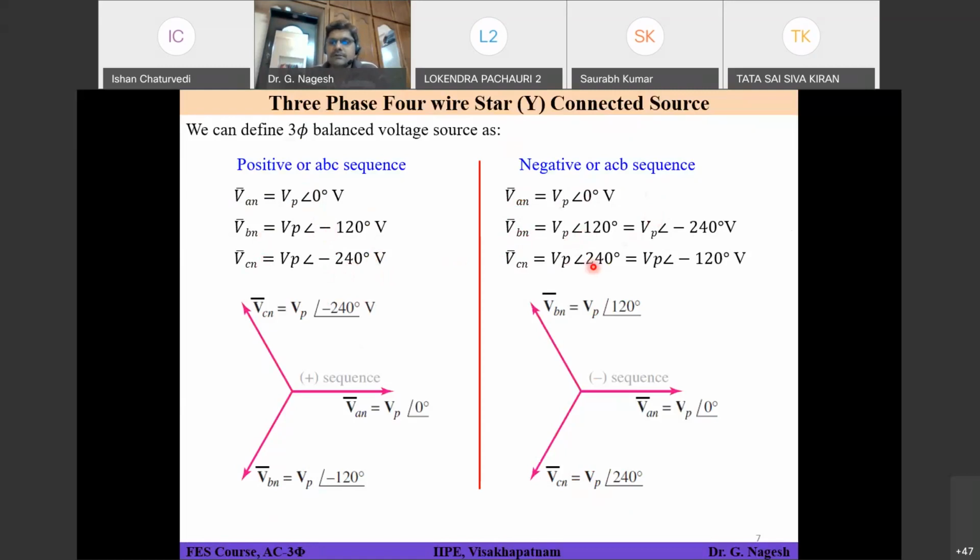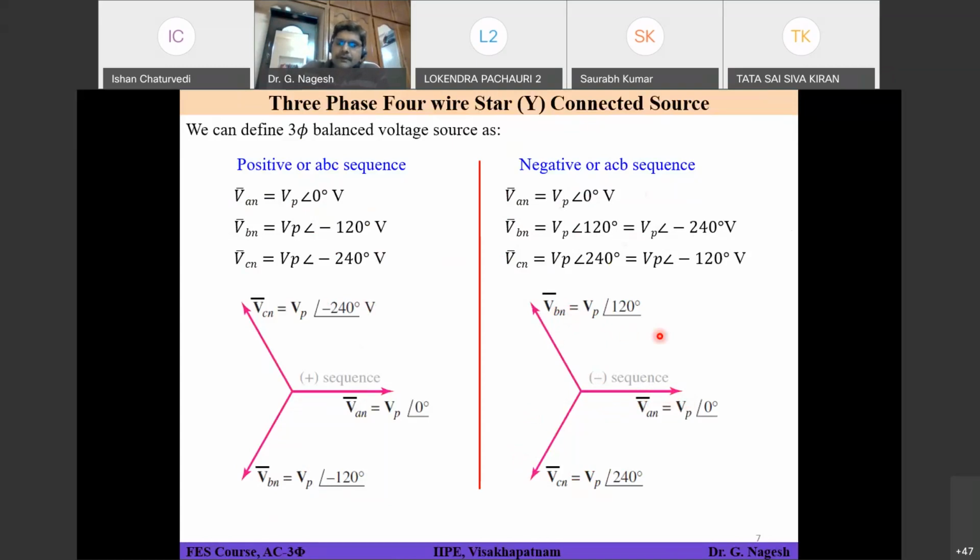What it indirectly means is, in the positive sequence case, BN is lagging with respect to A, but in the negative sequence case, BN is ahead by 120 degrees with respect to A. So after A you will have C, after that you will have B. The sequence is reversed.